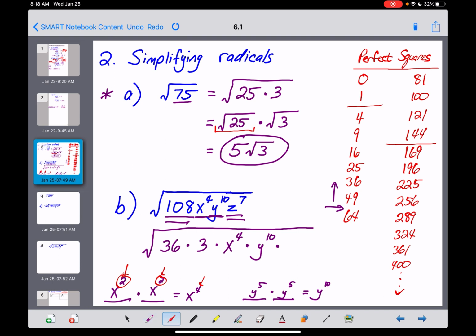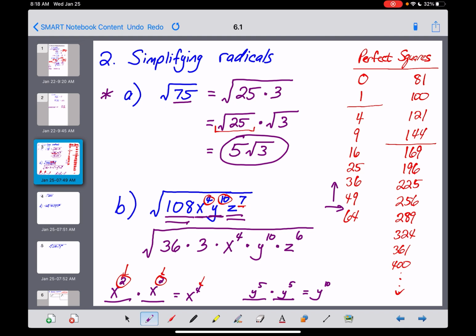What I hope you guys have learned here is that any even exponent is a perfect square, and any odd exponent won't be. So what do we do now? We need to find something that divides evenly into z to the 7th. All you do here, guys, is you take z and you drop the power by 1. 1 less than 7 is 6, and z to the 6th is a perfect square.